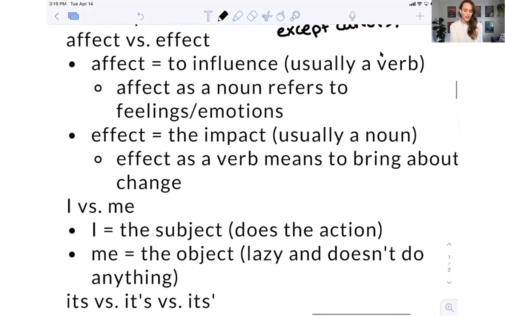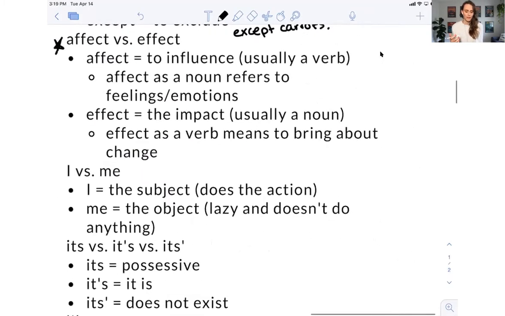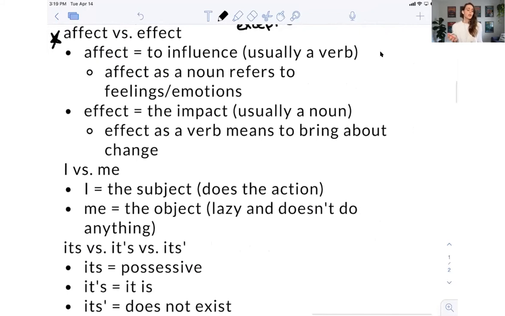Affect versus effect. This is going to be another one that I feel, if I'm just making up a statistic on the spot, probably 9 out of 10 students that I work with have problems with affect versus effect. It can just be very confusing. So affect is to influence.